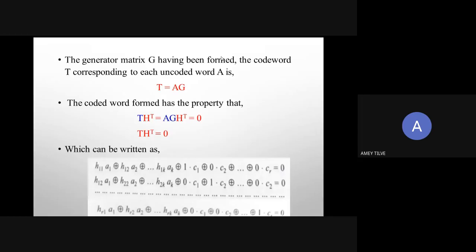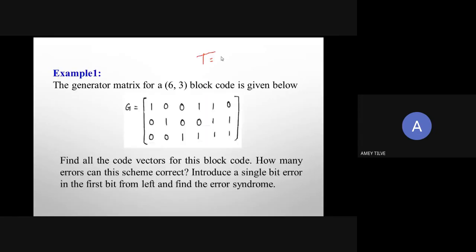The generator matrix G having been formed, the code word T corresponds to the uncoded A along with your G. So T will be equal to A into G, where A is your uncoded part and G is your generator matrix. So what is G? This G is nothing but your I into H transpose. Just keep this in mind.